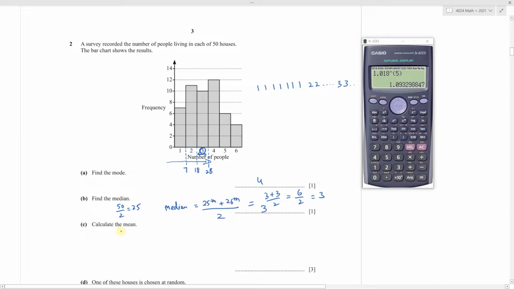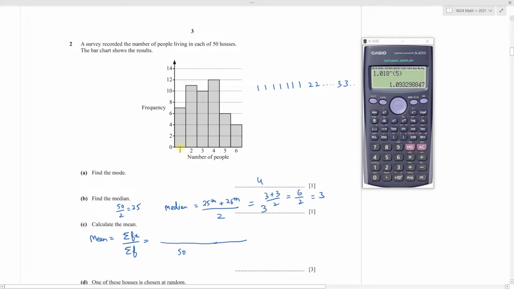Part C is calculate the mean. For the mean value, you have the values and their frequencies. Mean equals sigma fx divided by sigma f. You take the products of the value with its frequency and add them, then add all the frequencies, which should add up to 50 because you have a total of 50 houses.